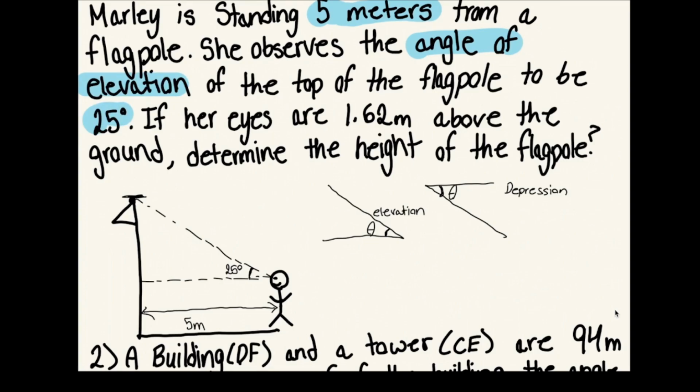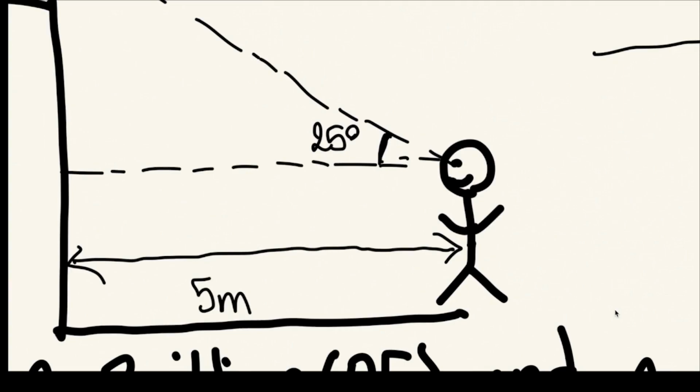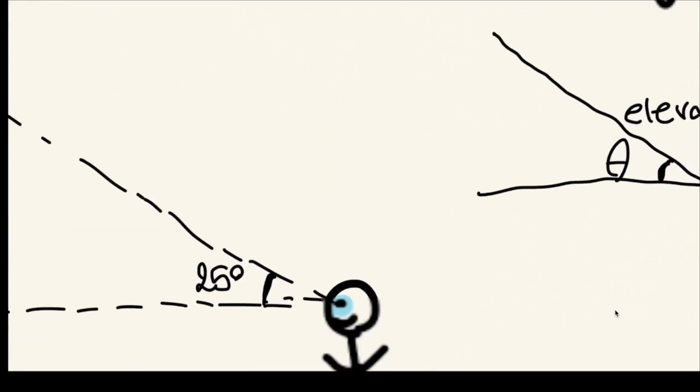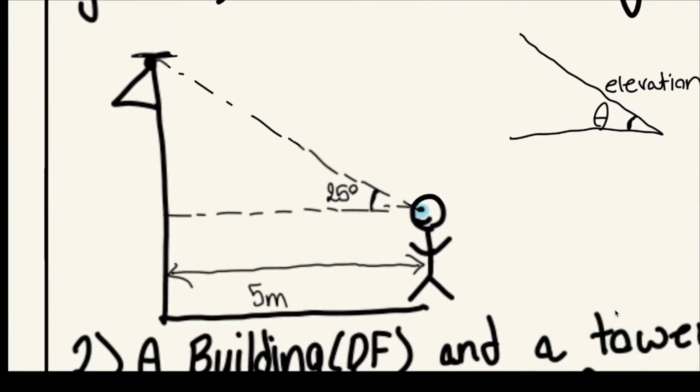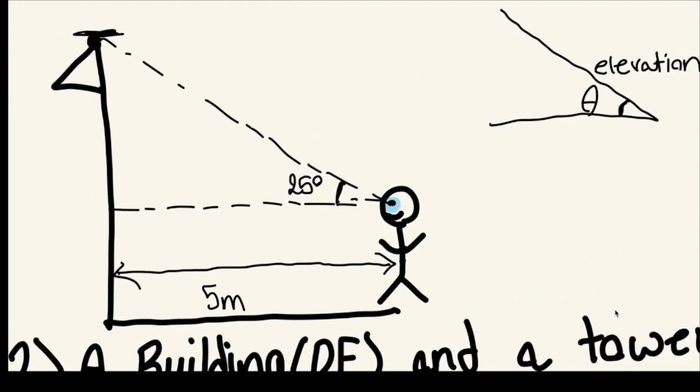And it's saying her eyes are 1.62 meters above the ground. Her eyes are right here, right? So if she's 1.62 meters above the ground, then all of this right here will be 1.62.